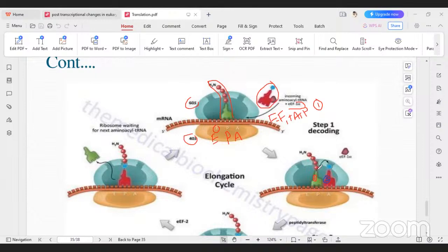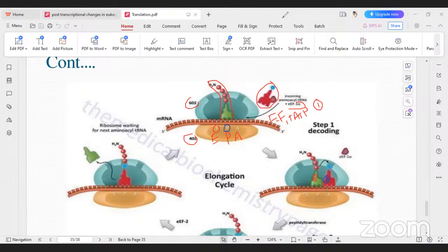Remember, in this process, first of all the first tRNA amino acid binds at the peptide site, P site. But for the upcoming next ones, each amino acid attaches at the A site and shifts to the P site. It continuously happens: A site to P site, A site to P site, right?